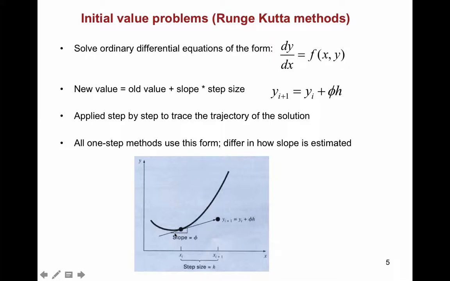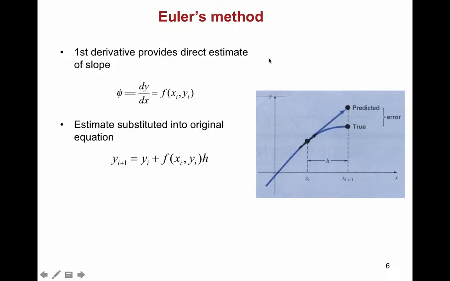And the way I'm going to do that with what we call Euler's method, the simplest one, is I'm just going to take the slope, which is dy/dx, essentially given by f of x, y. So this slope phi in the simplest case is simply f of xi, yi. It's the value of this slope that is actually given by the equation.